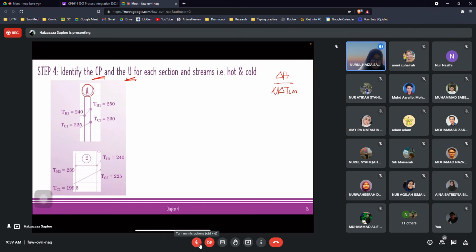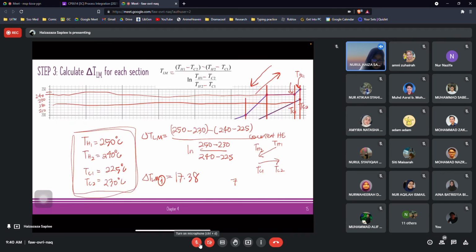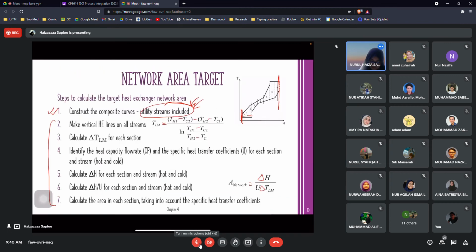So basically what happens is that we want to identify dia punya CP and the U for each section and stream. So kita akan tengok balik how we plot our graph lah. So kalau kita tengok kat sini, you would see this basically for this stream, dia punya CP is from 240 to 250 yang ni kan. This value here, 240 to 250.